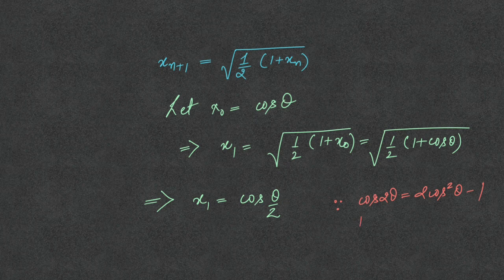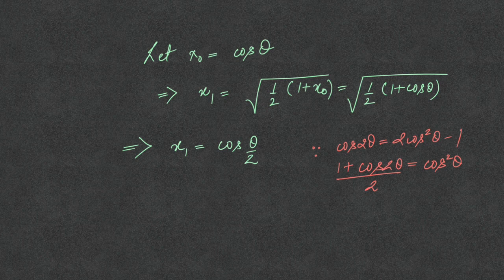From here, (1 plus cos 2 theta) upon 2 is equal to cos square theta. Using this identity here, we get x1 is equal to cos of theta by 2, the half angle, and the square cancels with the under root.